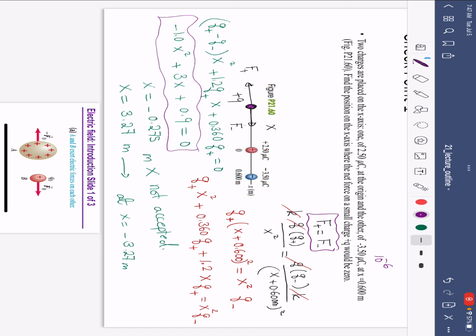It should be on the left, it cannot be on the right, and therefore I used that 3.27, which is, as I said, to the left of the 2.5. Now I'm going to stop here, because I will move to a new topic.